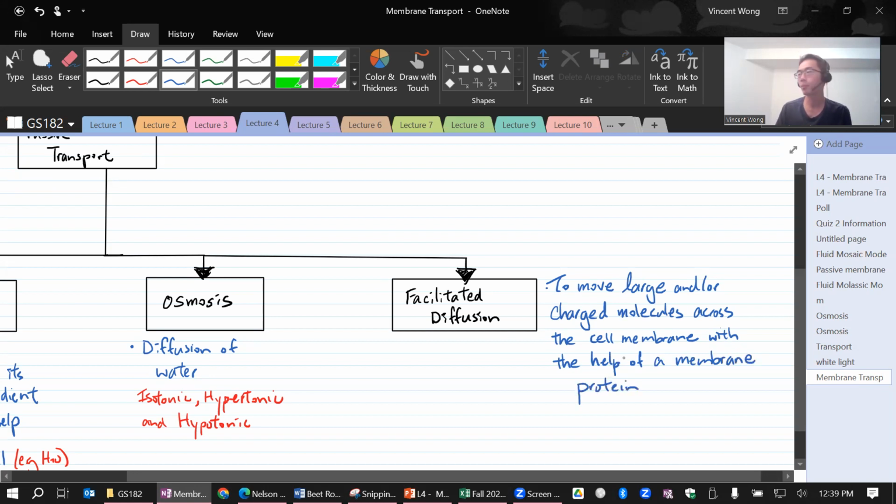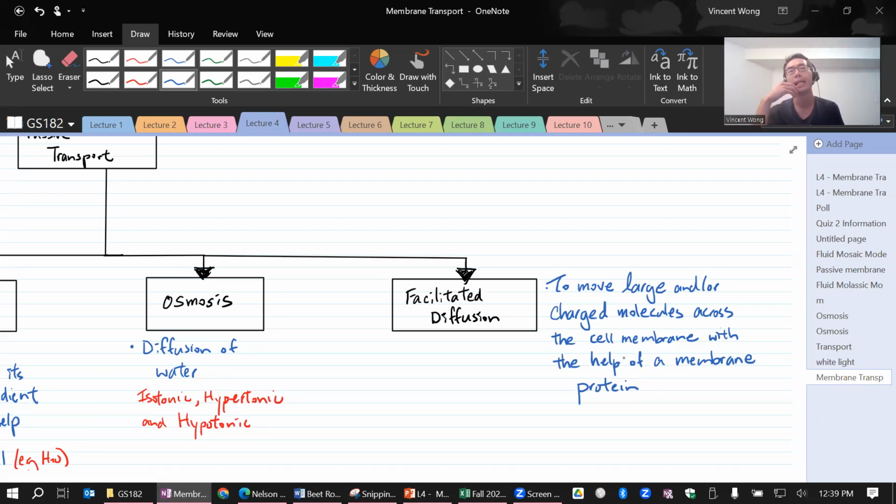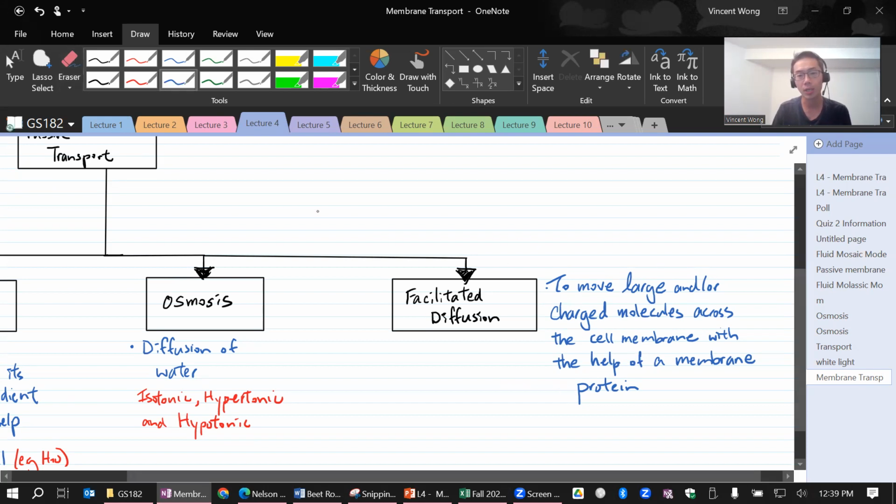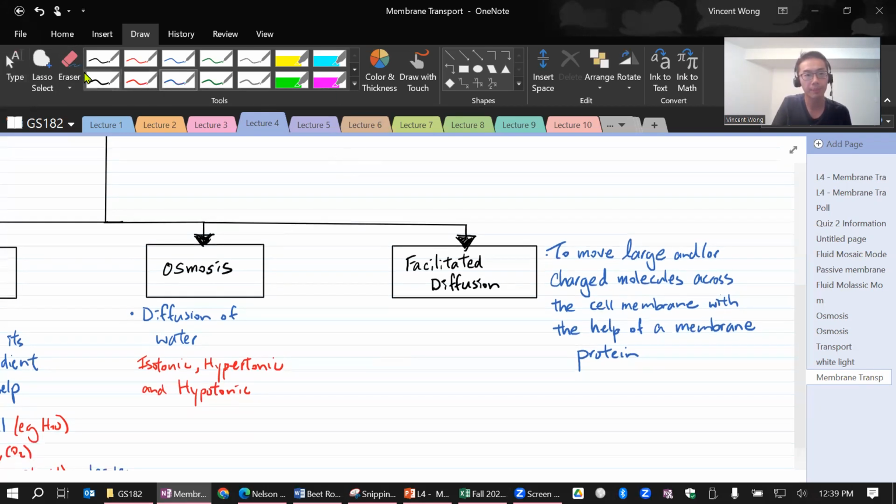We learned about membrane proteins last time. They can be integral protein that goes through the whole cell membrane. They could be peripheral protein that just kind of attach on the outside or on the inside. And they do things like attachment to cytoskeleton, cell recognition, cell signaling, and also transport, right? And this is an example where you would need it to move molecules across the cell membrane.